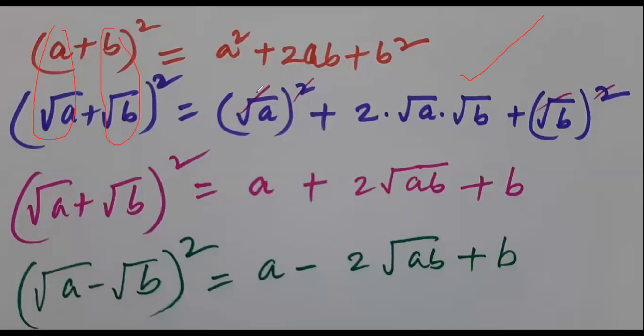Now same, substitute. Where there is a, root a. Where there is b, root b. So the square roots cancel. However, we learned in the first formula, root a into root b, the common root we will write. Yes or no? Here the square root cancels a. Last one, the square root cancels b. So this is the formula. This is the first one, copy that.